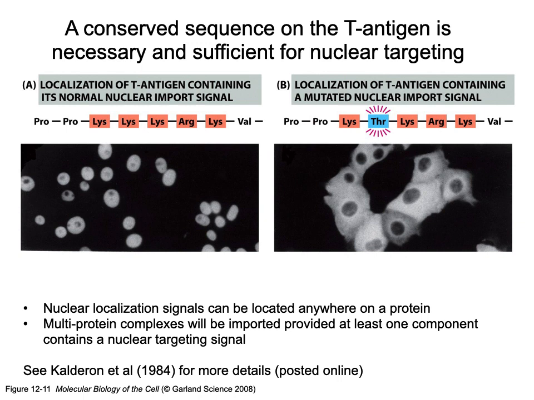KDEL for the ER is found on the C terminus, right at the end, whereas nuclear localization signals can be embedded within the protein. If a protein is complexing in the cytosol and one of the proteins within the complex has the nuclear targeting signal, it's going to move the whole complex in.